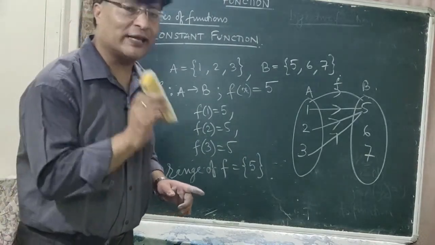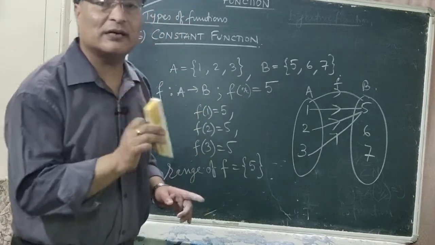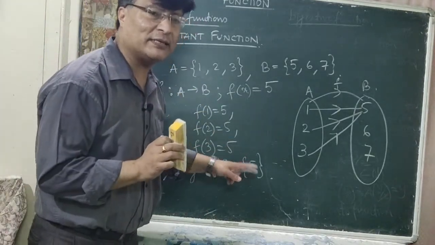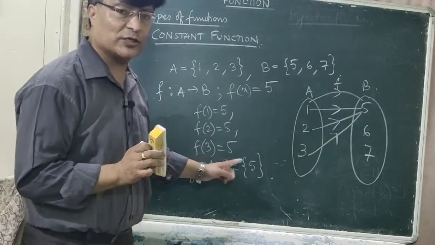That is, the range of a constant function is a singleton set, because it has got only one element in the range of the function f.